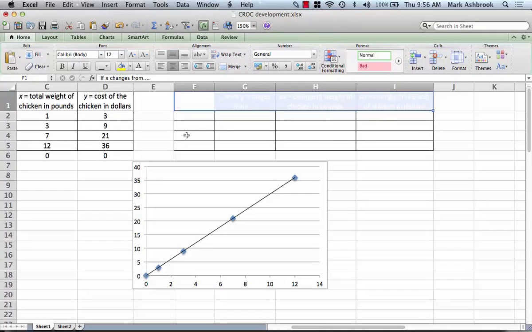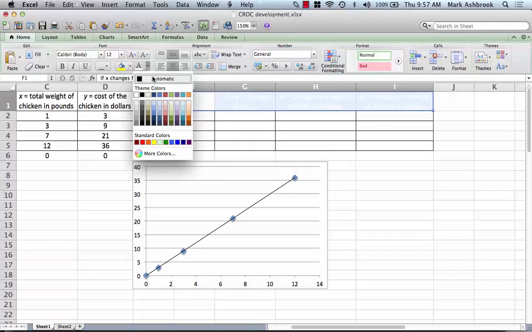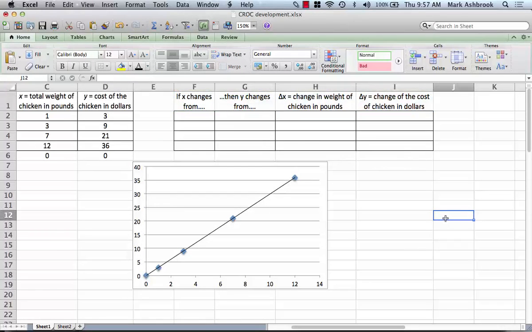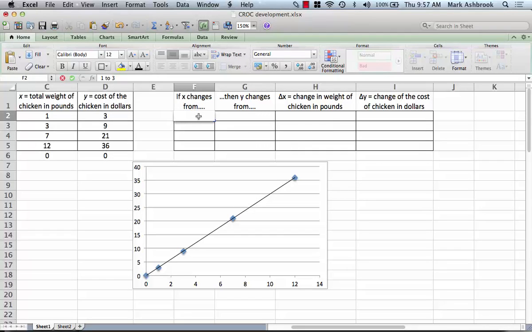So we can have changes in the weight, and we can have changes in the cost. All right, so we're going to say x changes from, say, 1 to 3.